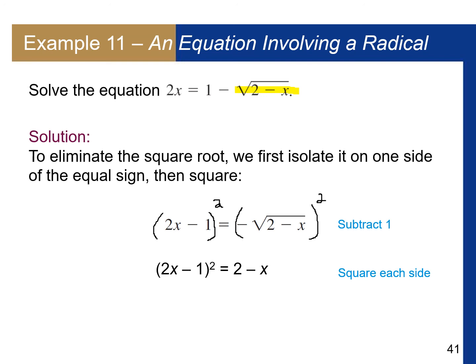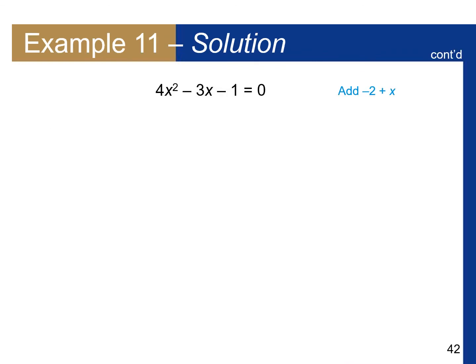Now this is a binomial square, so I'm going to multiply it out. And then I'm going to combine like terms. Okay, I combine like terms here. Factor.